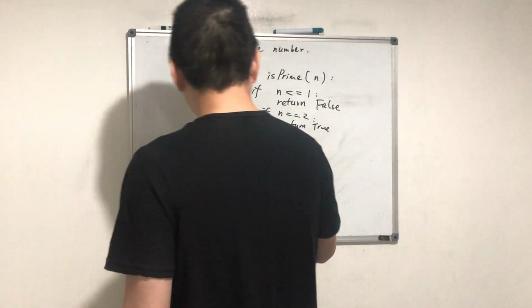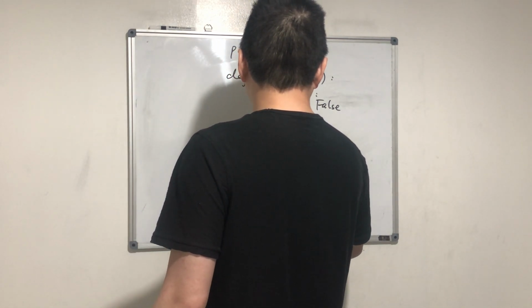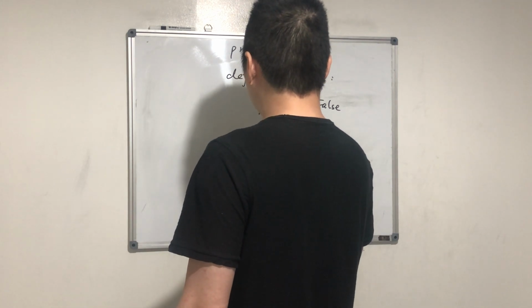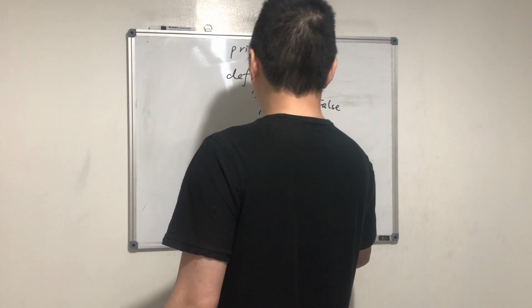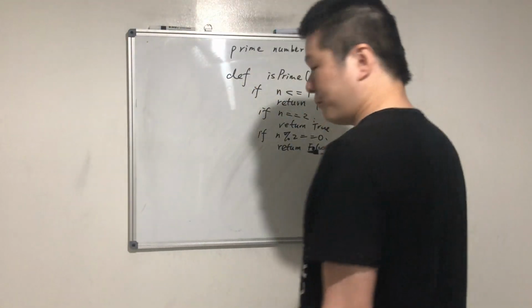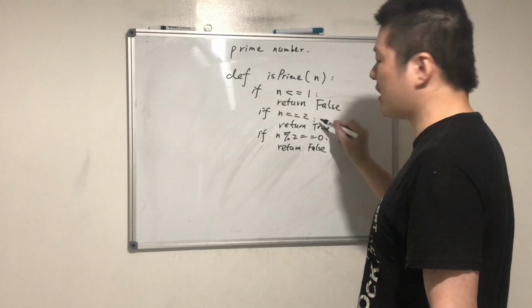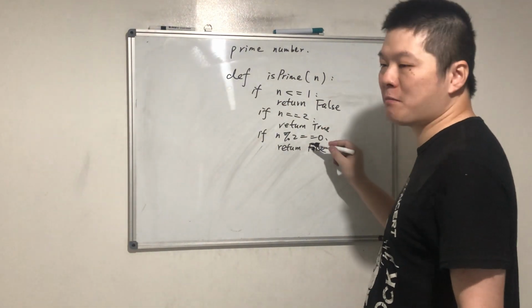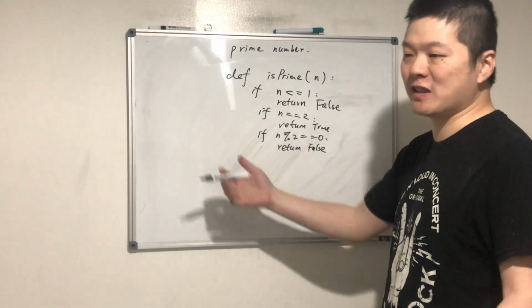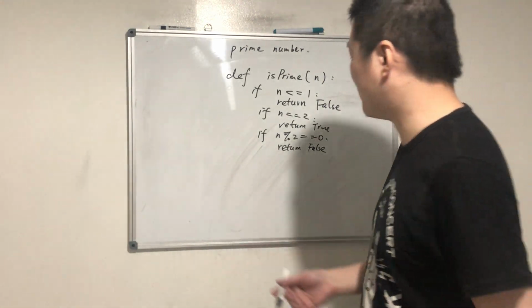If n can be divided by 2, return what? False, because it's an even number. We just have this special case for 2, and all other even numbers we return false because obviously 100, 200, 104 are not prime numbers.